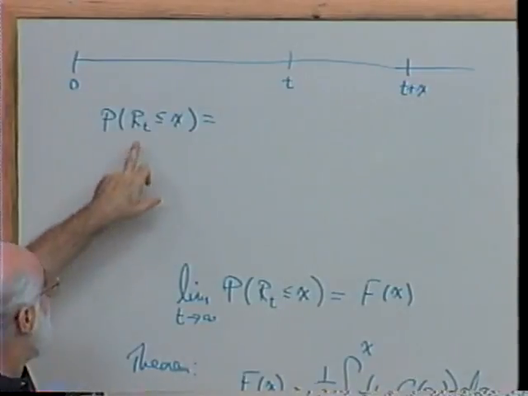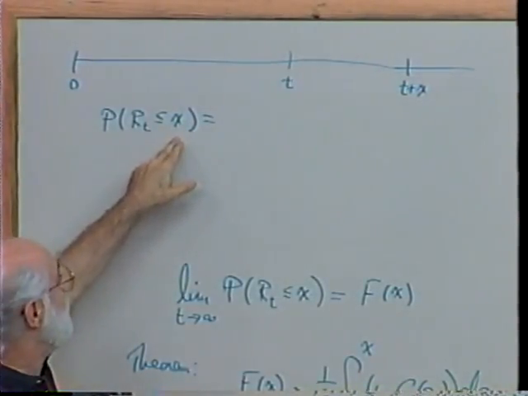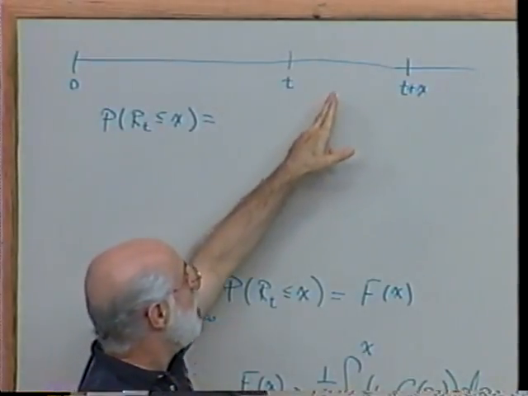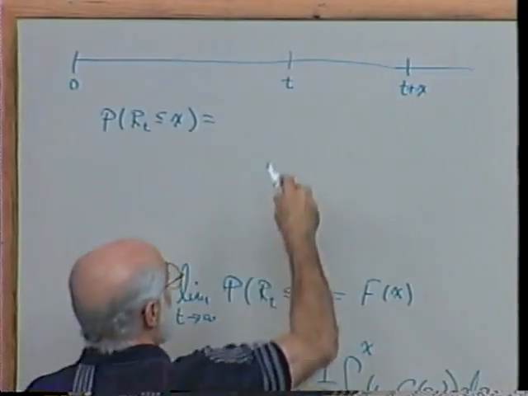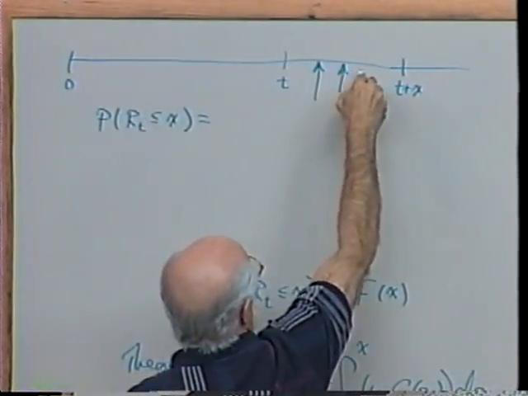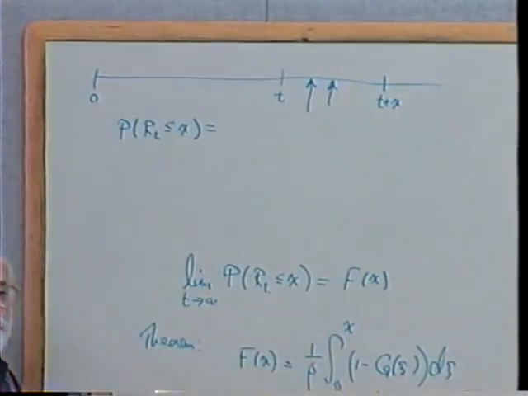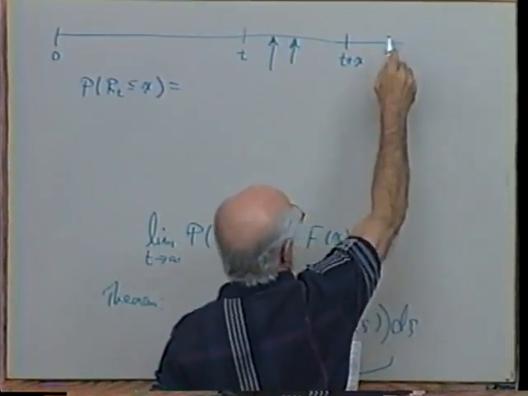Now, if the time to the next renewal is less than or equal to x, that means that there must be at least one renewal between t and t plus x. So there's one, and so forth. And then, of course, there's got to be the next one after time t plus x.